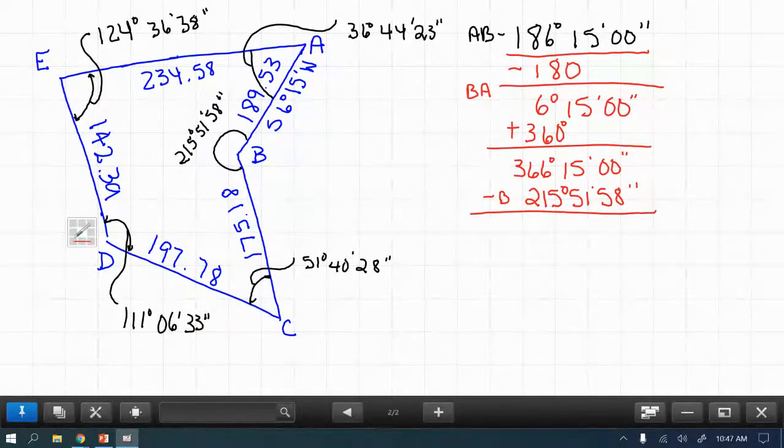Let me know what you get. These things are almost indestructible. I got 150 degrees, 23 minutes and 2 seconds. Yep.